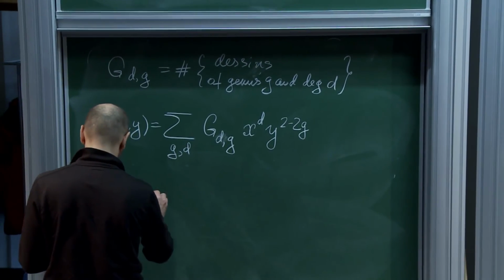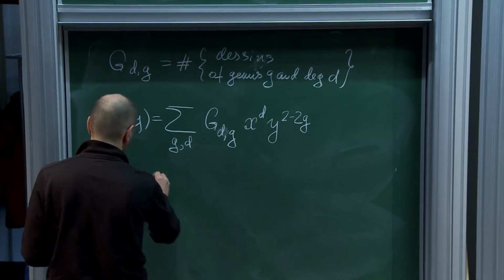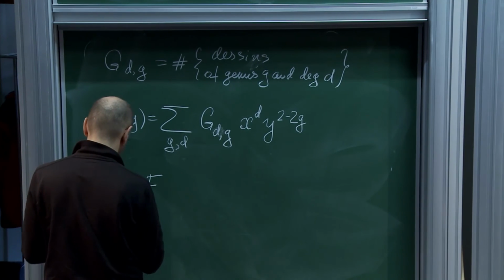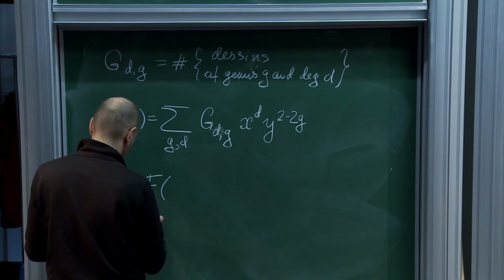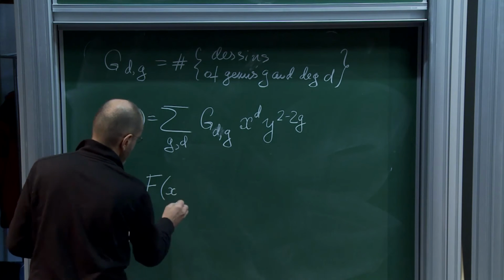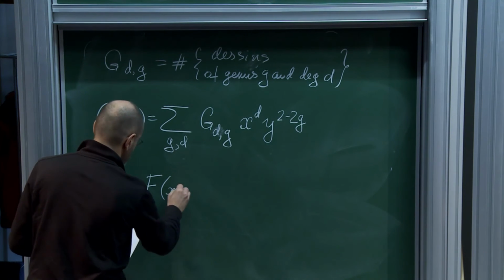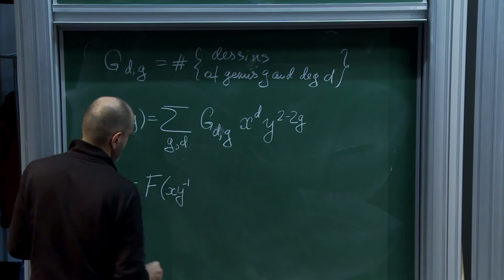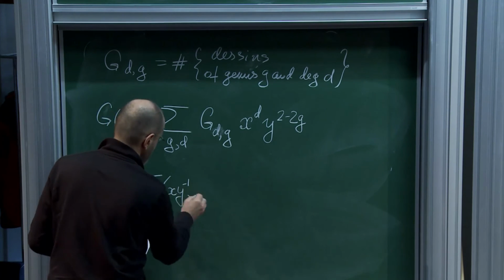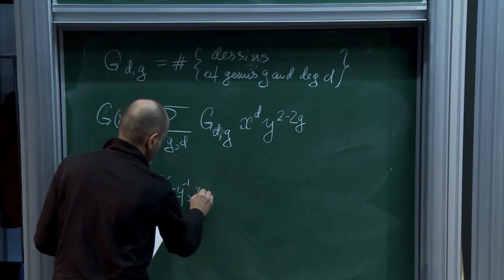That's easy to see, that's f evaluated at s equal to x times y inverse, and all other variables are equal to y.